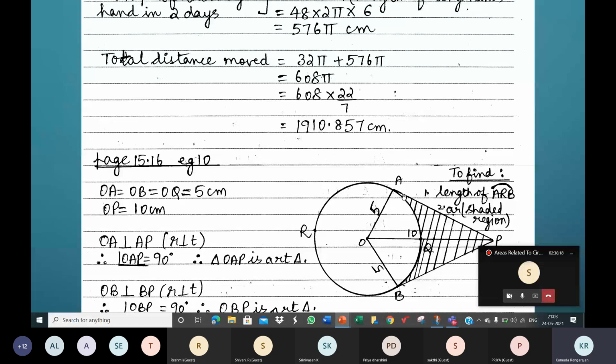But we don't know AP, so you can use Pythagoras theorem, or you can use trigonometry, to find the length of AP. Half base into height will give you the area of this right triangle, minus the area of this sector with sector angle 60 degrees, will give you the area of this shaded region. Double that answer to get the area of the entire shaded region.